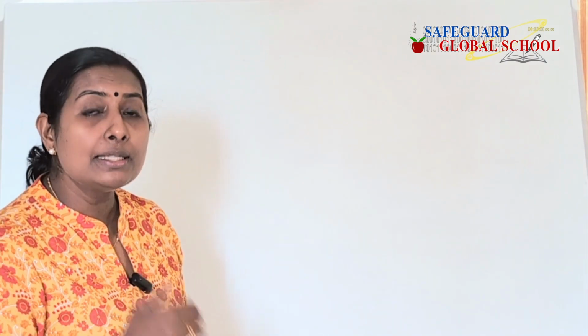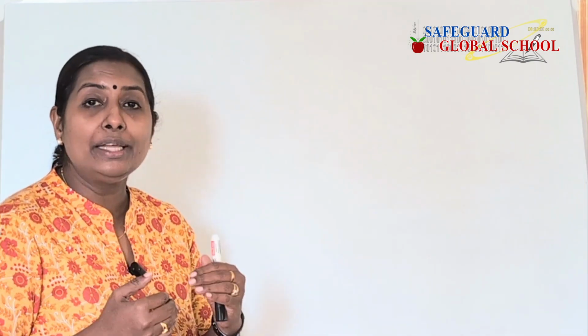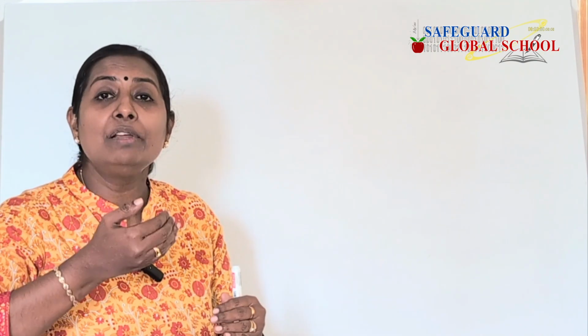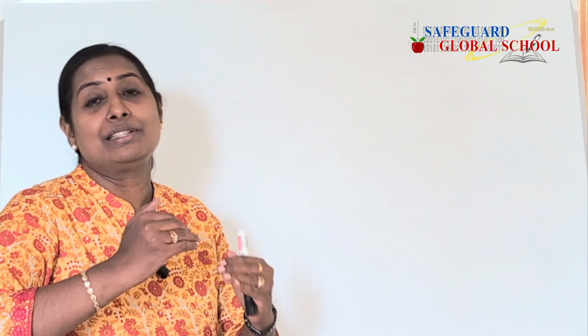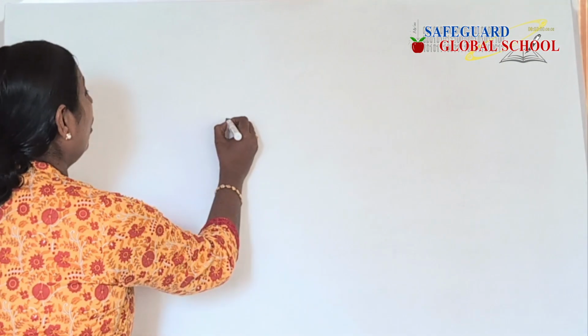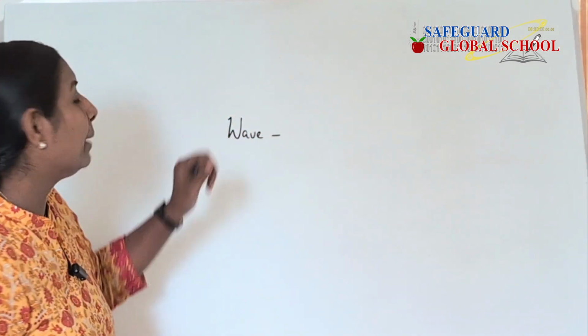Now, let us consider the concept of a wave. Actually, a wave is a type of disturbance that travels through a medium when a particle sets its neighboring particle into vibration. So, we must first understand the concept of a wave. What can we say about a wave?